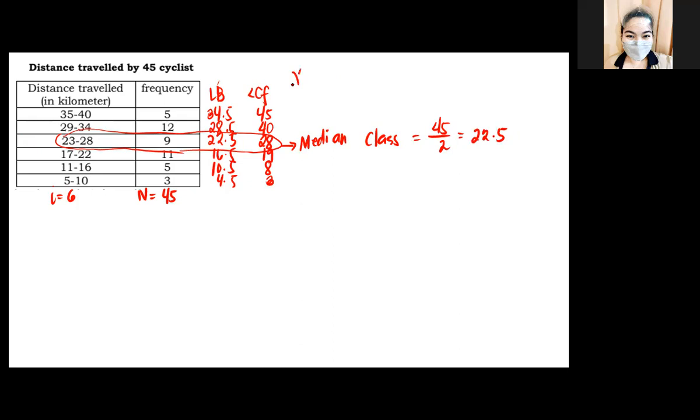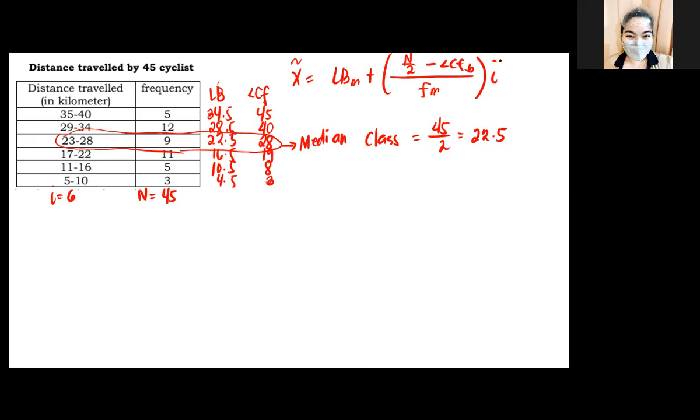So sulat ko lahat yung formula ng median, no? Lower boundary of the median class plus n divided by 2, the quantity of n divided by 2 minus the cumulative frequency below, divided by the frequency of the median class times i. So we are done identifying the median class.